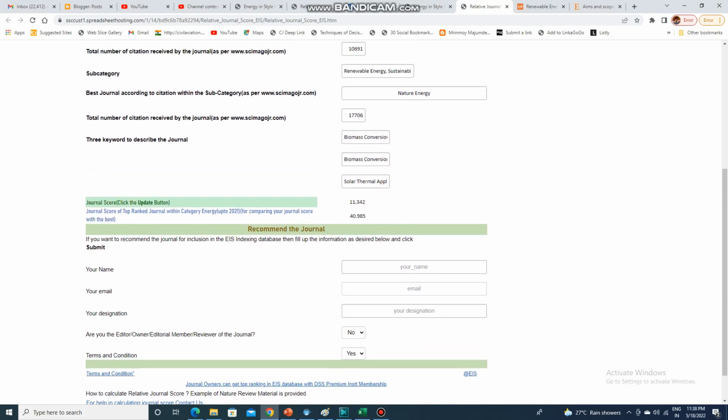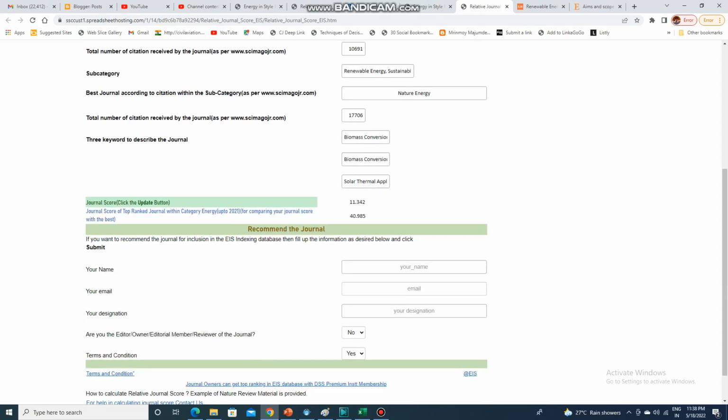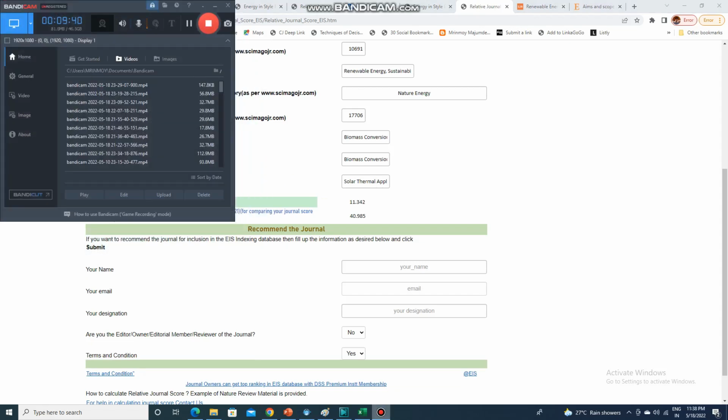So it is 11.342, and for the category energy the best journal is Nature Reviews Materials, which has 40.95. So what it is indicating is that Renewable Energy is also a very good journal, but it is not as good as Nature Reviews Materials.